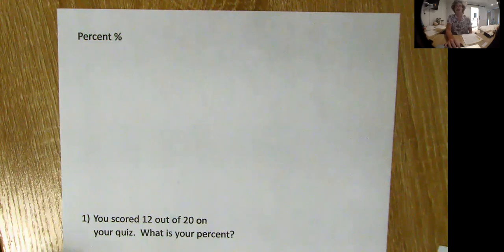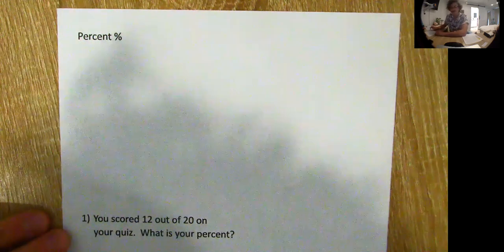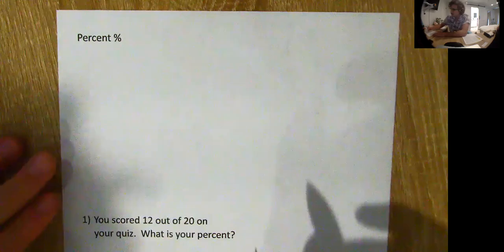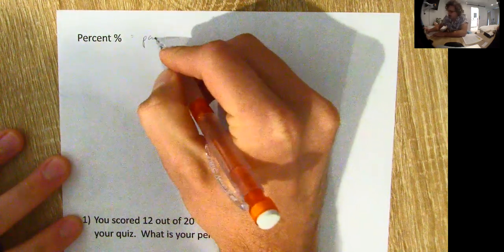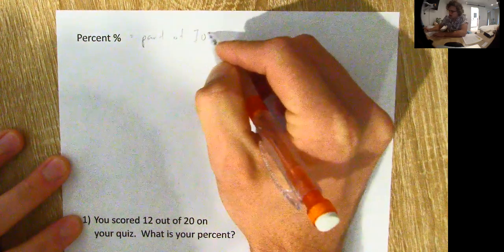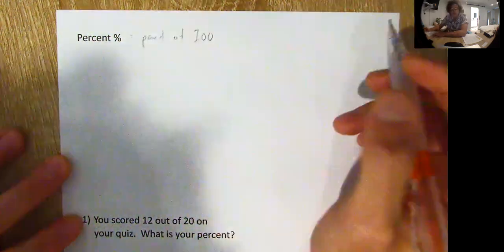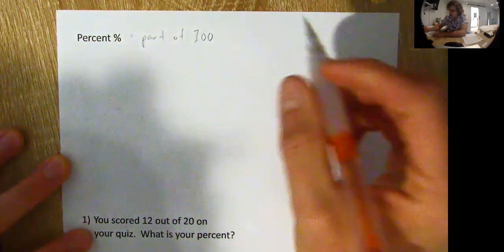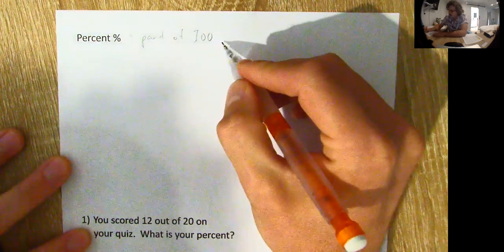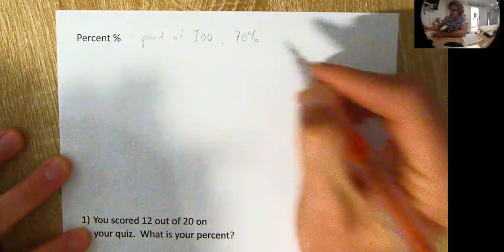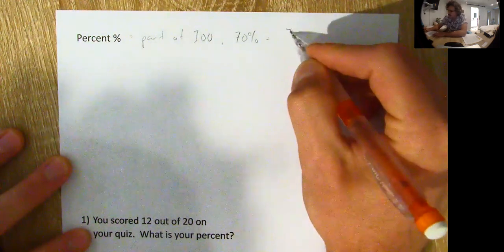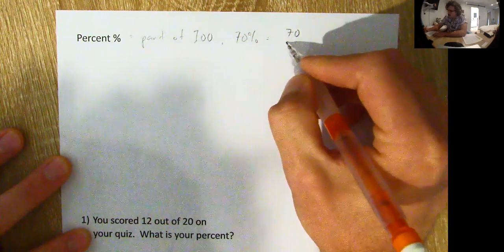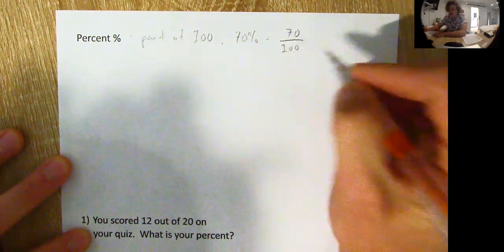Okay, here's a few more practice problems, and they're getting a little more difficult, a little bit more about chemistry, perhaps. As a reminder, percent means part of 100. If you say you got 70% on a test, that means you got 70 questions correct if the test were out of 100 questions.